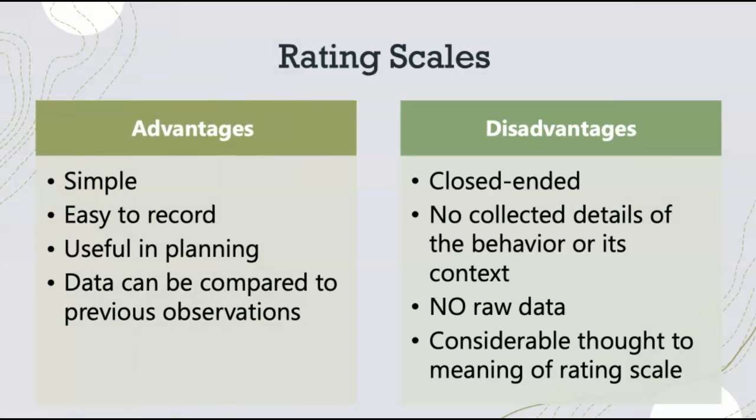When it comes to rating scales, some advantages include they are simple to use, provide useful information for planning, and compare current behavior to previous behavior. You need to give considerable thought to the various aspects of the behavior you want to rate. The rating categories require even more thought. There is a loss of raw data. You can rate something yes, no, sometimes, but it is very basic and rudimentary.